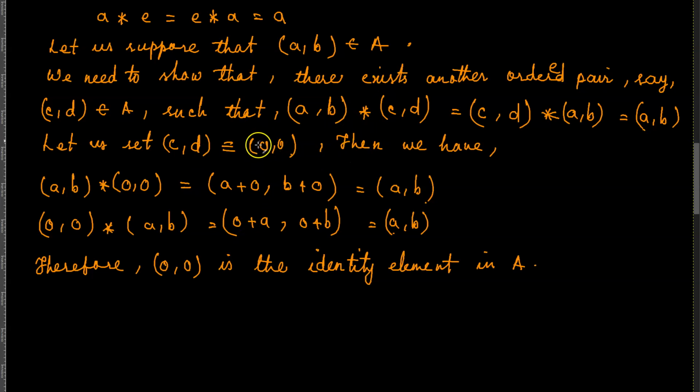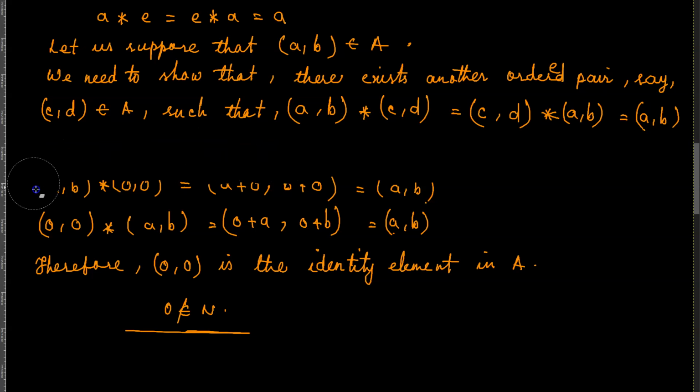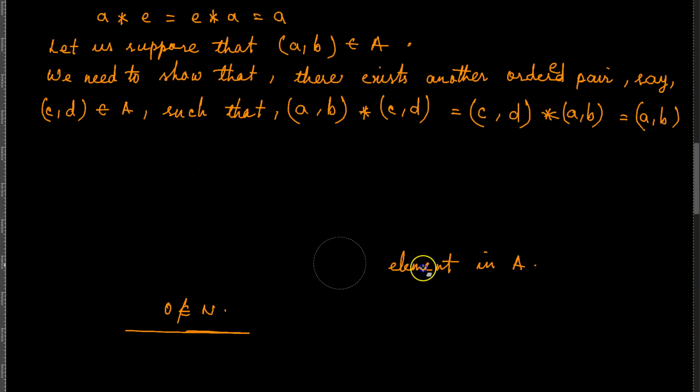The mistake is that 0 does not belong to the set of natural numbers. I was under the impression that I was working in the set of rational numbers. Now, of course, (0, 0) does not belong to A. It cannot belong to A, and therefore all of what I have written over here is actually not correct.